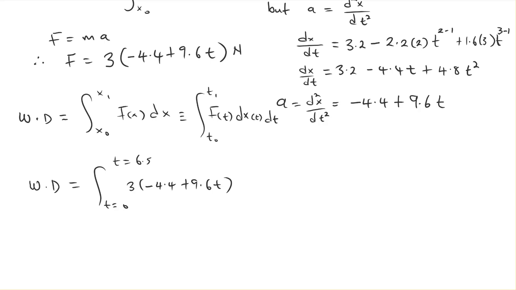Now, if you recollect, we have that dx/dt is given by this expression. So we're going to look for an expression for dx here. It implies from our first derivative that dx is simply 3.2 minus 4.4t plus 4.8t squared dt.